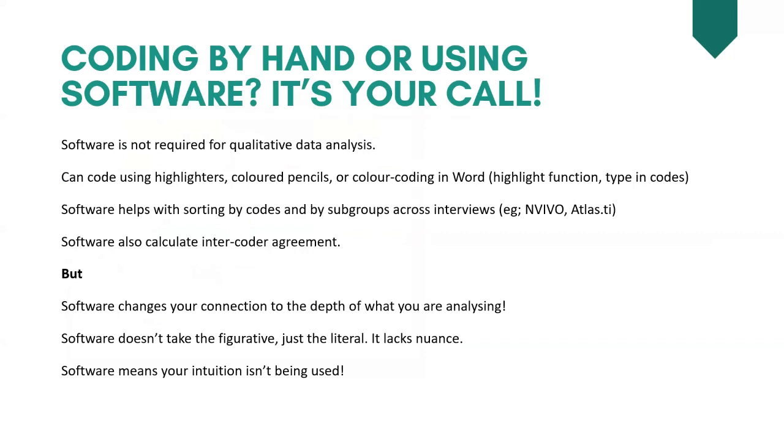Now, I'm not going to talk too much more about other things. I've still got some more slides, but I wanted to talk about doing coding by hand or using software, because we live in the world of AI, and most of us as students or research candidates are open-minded enough to find the quickest solution to help us, okay?